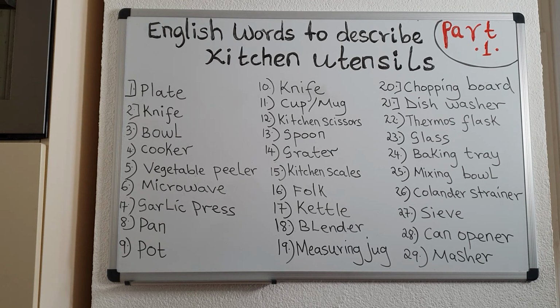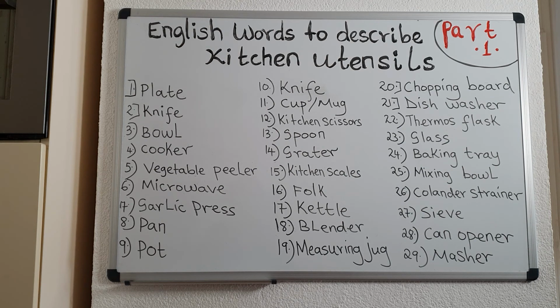The next word is mixing bowl. Mixing bowl. Now, when you want to prepare your cake, you put together all the different types of ingredients inside the bowl and you mix them. Okay, you put your flour, you put your milk, you put your eggs, and using a wooden spoon you mix all the products together.